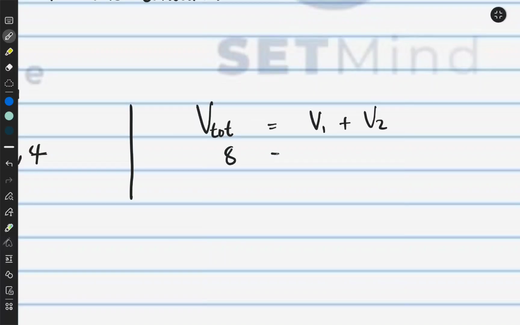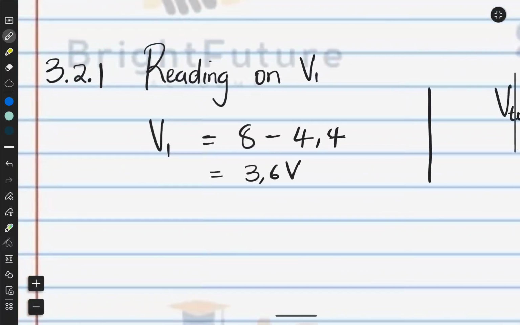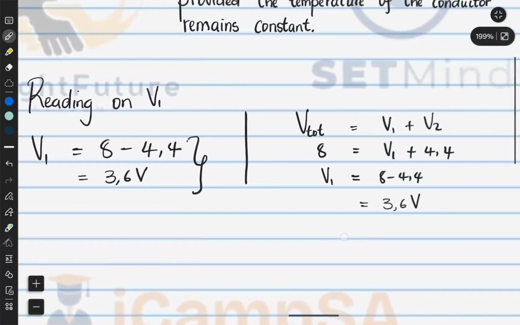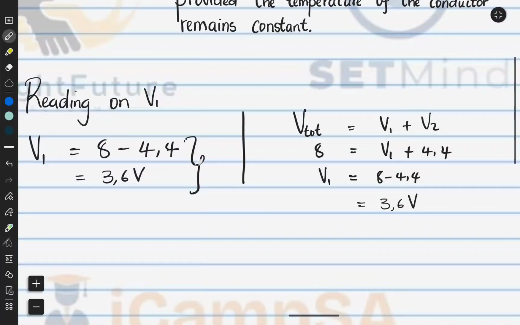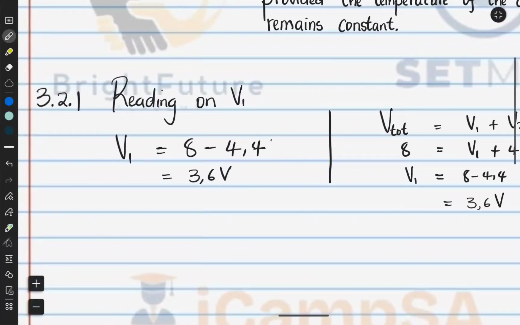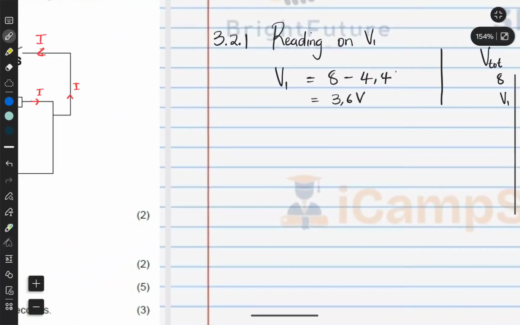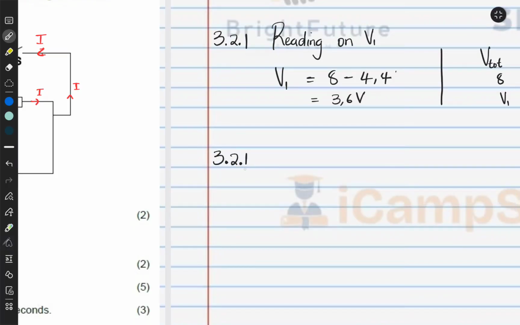We say that 8 is equal to V1, which is what we're looking for, plus 4.4. And then you transpose and say, well, V1 is 8 minus 4.4, which is essentially 3.6 volts. But for 2 marks, this is just fine. But if you want to take it step by step, you can write it the other way around. Still fine. All right, so this was a straightforward question. Let's go to 3.2.1. Okay.